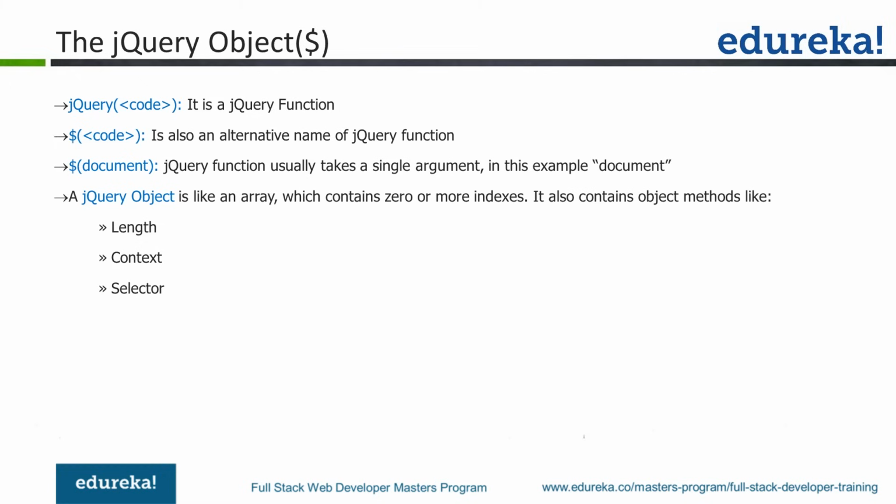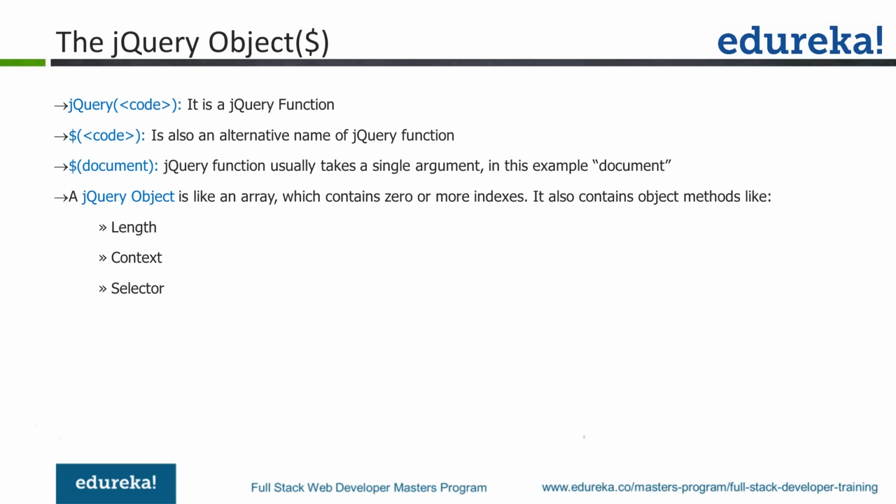But you really need to visualize it in that particular way, that I'm just calling a function. That's it. Okay. So a jQuery object is like an array which contains 0 or more indexes. It also contains object methods like length, context, and selector. So I think as we go along, we will figure out how all of this is true.